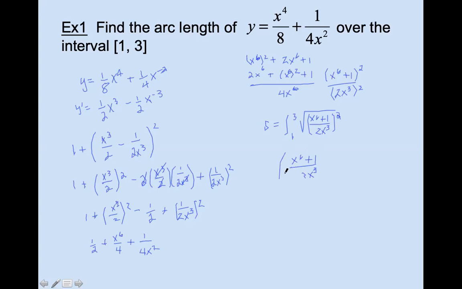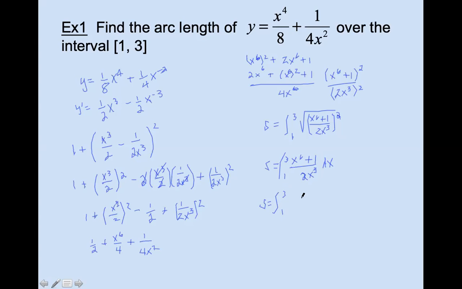And the integral is from 1 to 3, and that's a dx. Okay, so I'm going to simplify. I'm going to rewrite both of these with the denominator of 2x cubed. So my arc length is still the integral from 1 to 3.